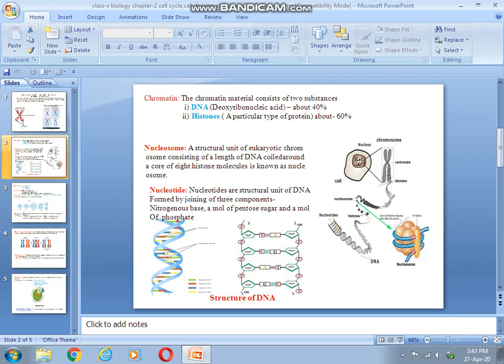You just go through the diagram given in right hand side. See, yellow colored ball like structures are found. These are the histone molecules. Here 8 histone molecules are there, which is called octamer. These 8 histone molecules are wrapped by DNA molecule.